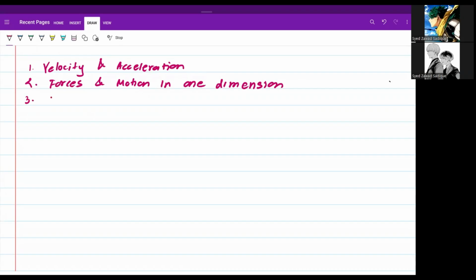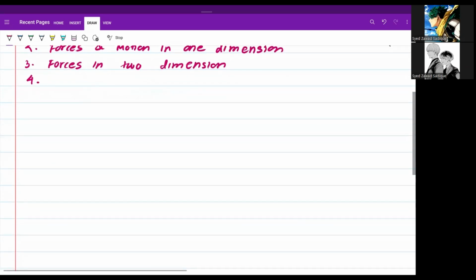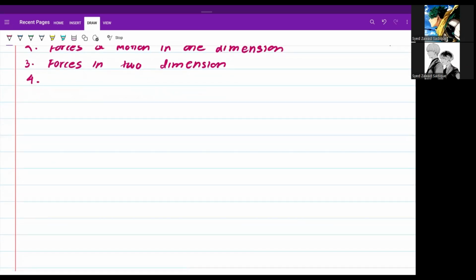Then we have forces in two dimensions. Then we have friction. Chapter 5 is connected particles.